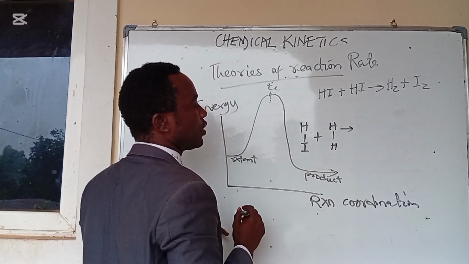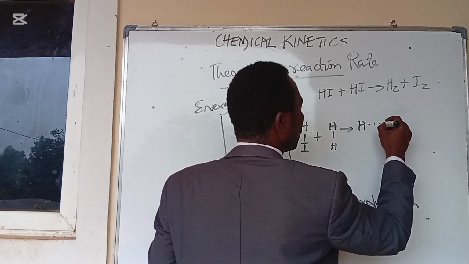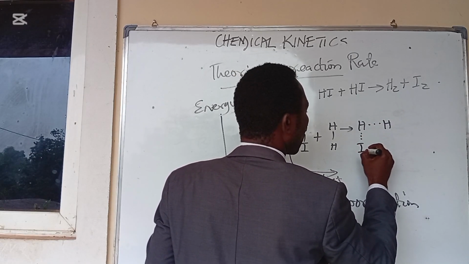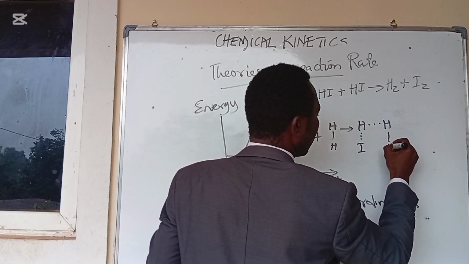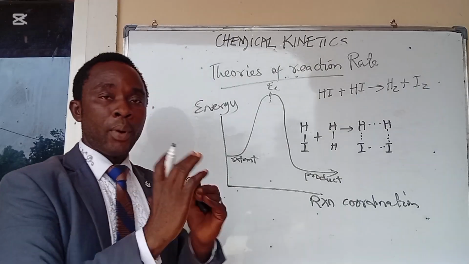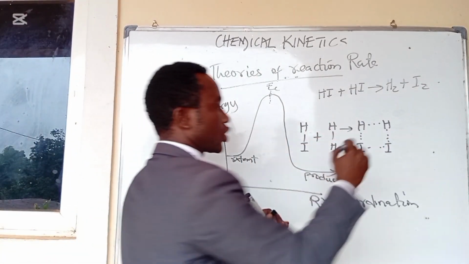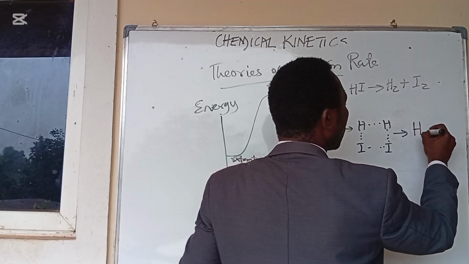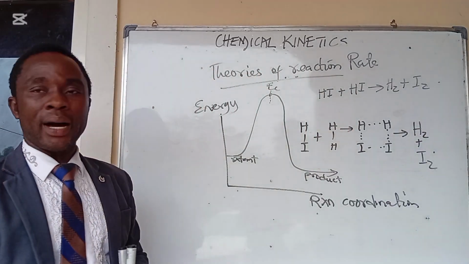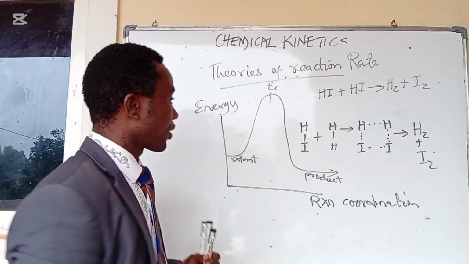As they are reacting, they build energy, and this energy takes them to the highest transient energy, which we call the activated complex. So this is the activated complex. It is in this activated complex that the bonds of the reactants are broken, so that the reactant can actually go into products. So that is about the transition state theory.